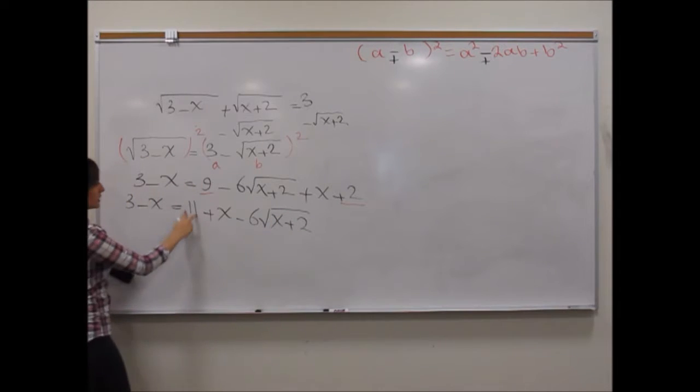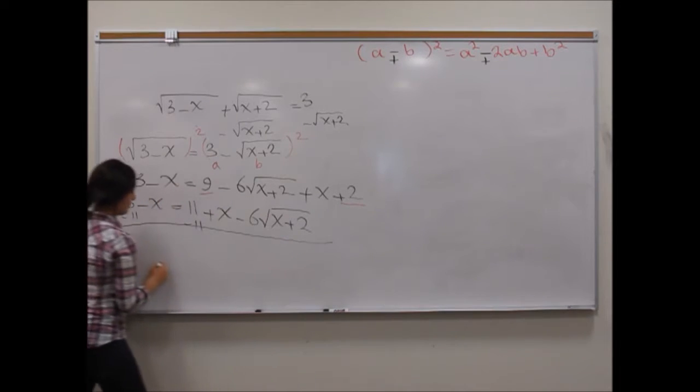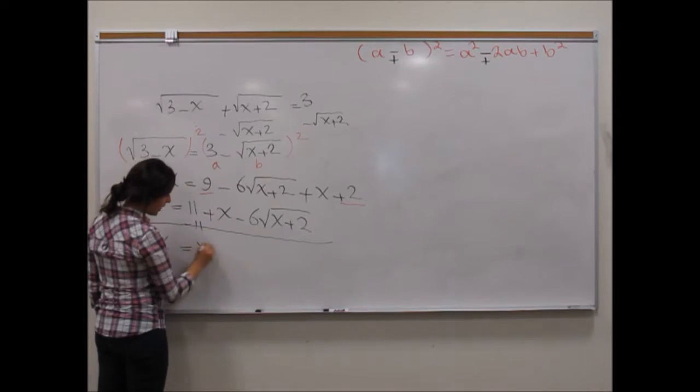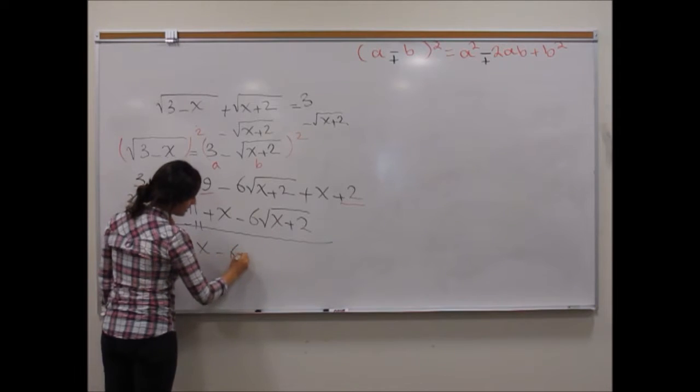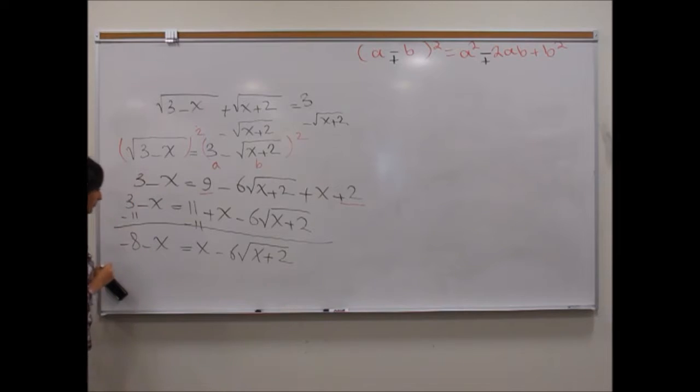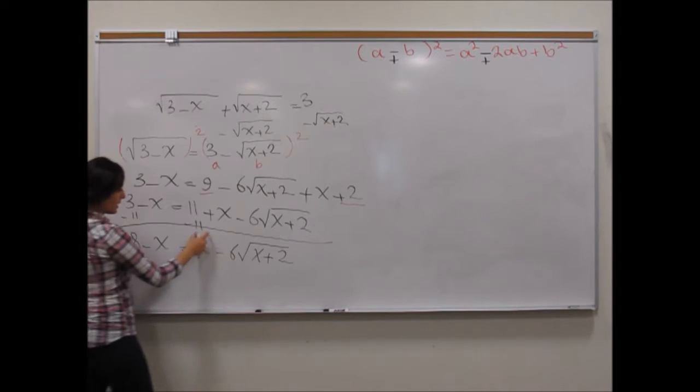Alright, so I'm going to move the 11 to the other side. So this would be minus 11 and minus 11. I'm going to have 3 minus 11 is negative 8 minus x. On the other side I have x minus 6 times radical x plus 2. And then let's subtract this x from both sides.